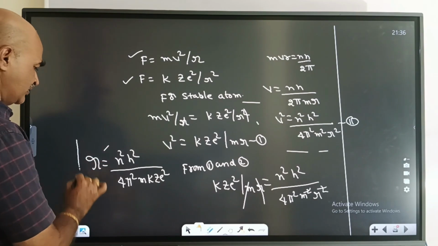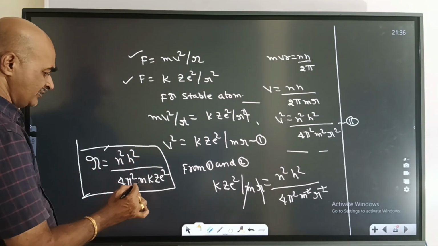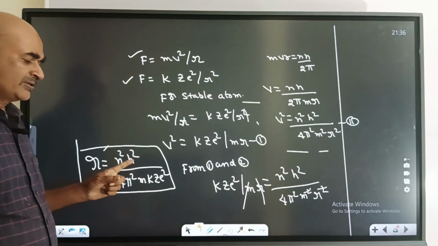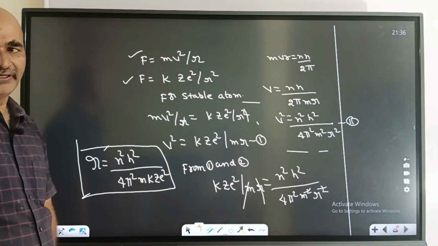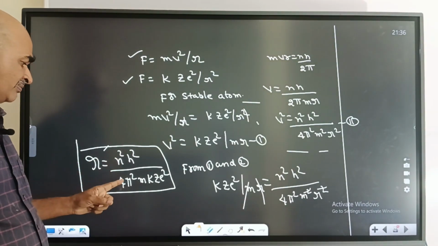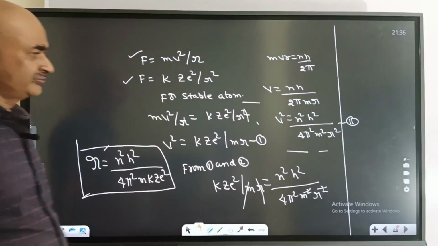This is the expression for calculation of radius.